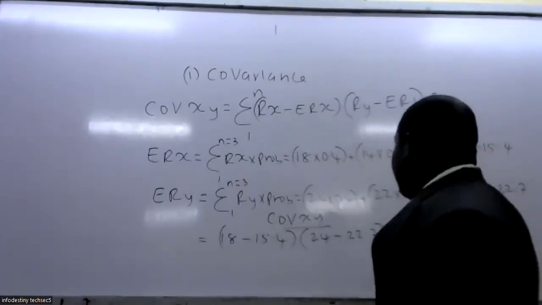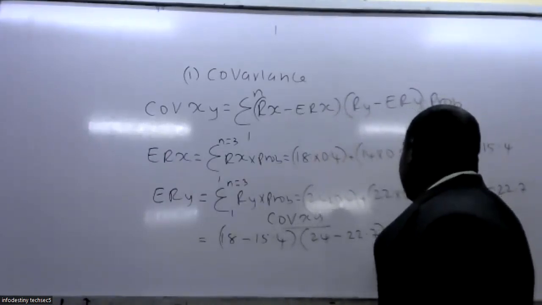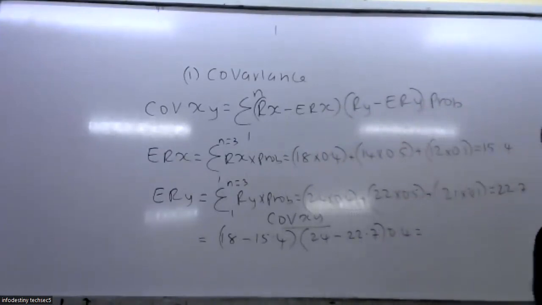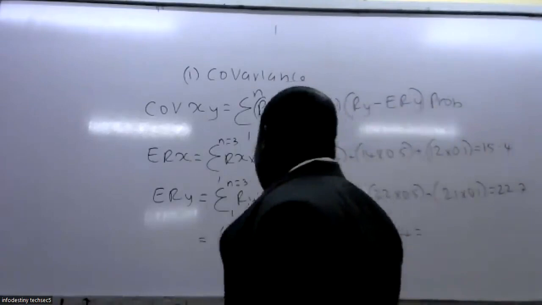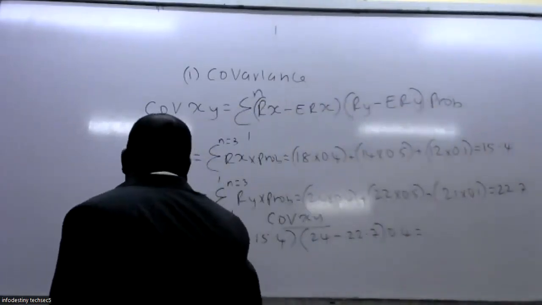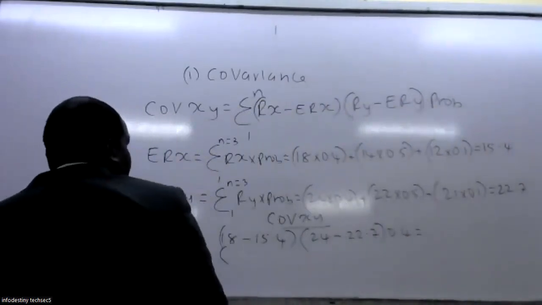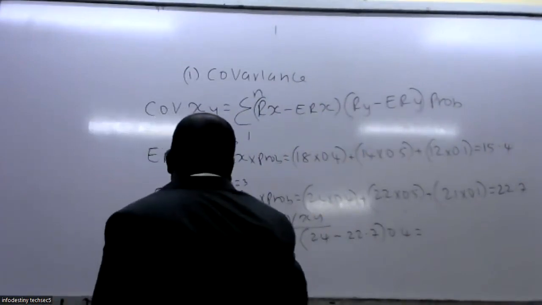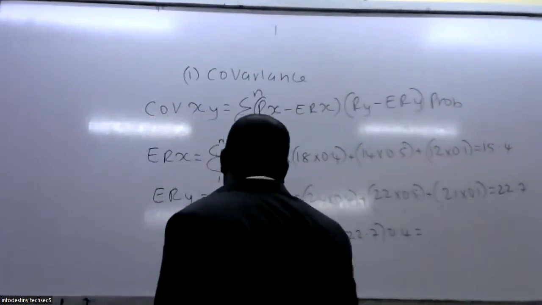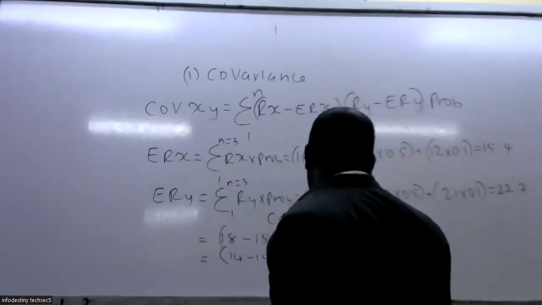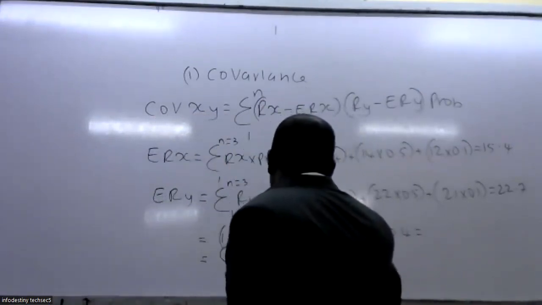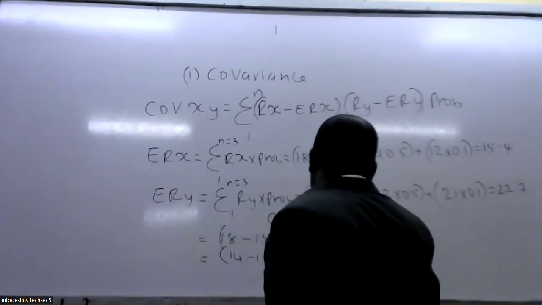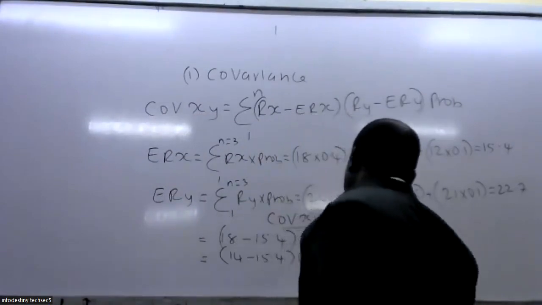The probability of it occurring, the first one, is 0.4. So we get the value for that. We also go to the second one. It is meant to be 14 minus 15.4, then also 22 minus 22.7, times 0.5.